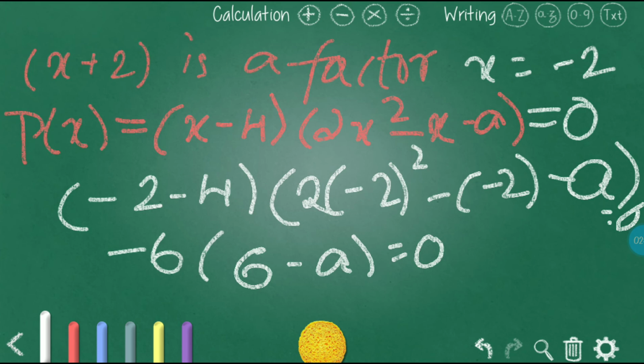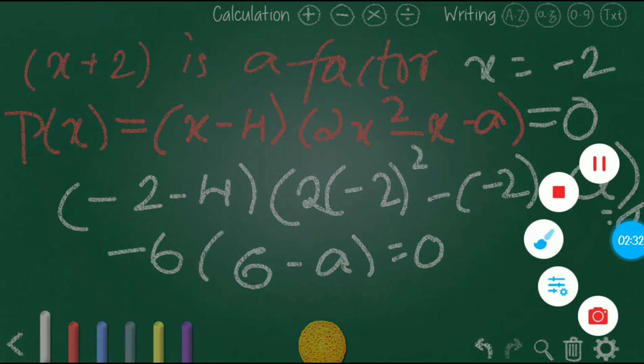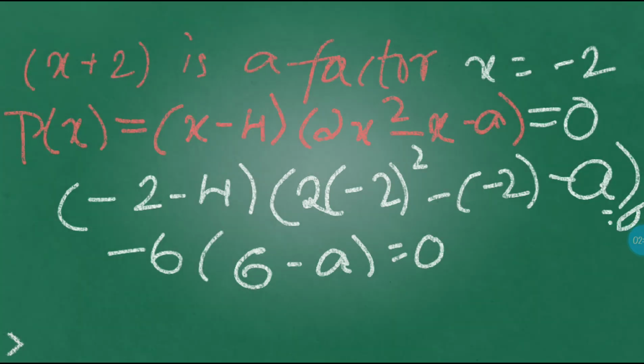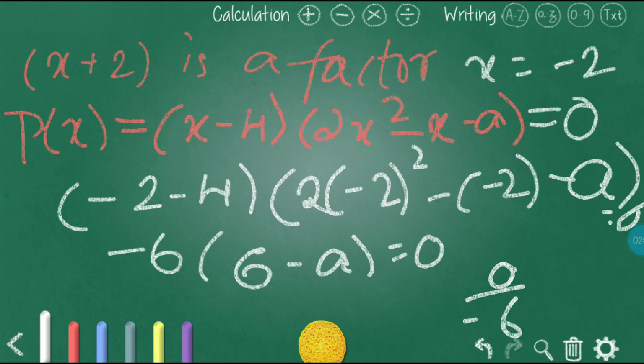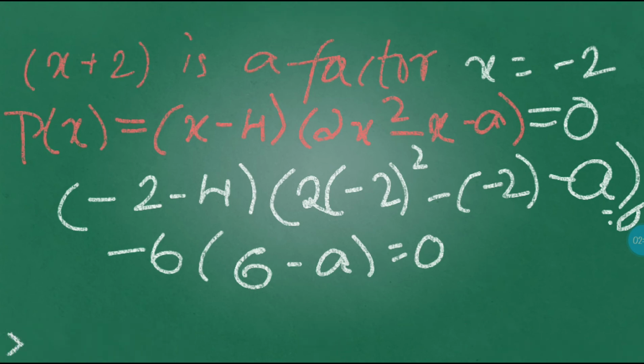Now this minus 6 would go to the RHS, and 0 divided by minus 6 will be 0 only.